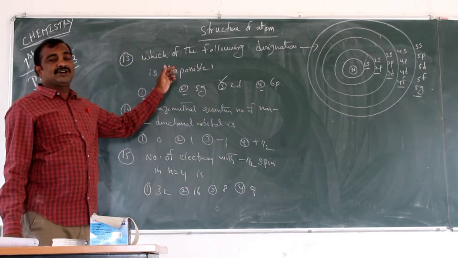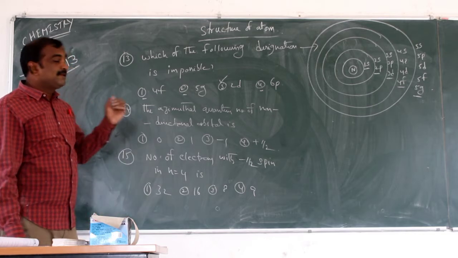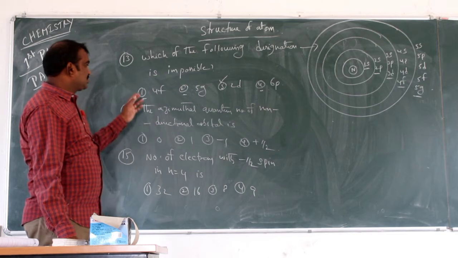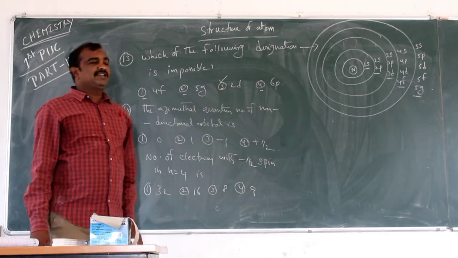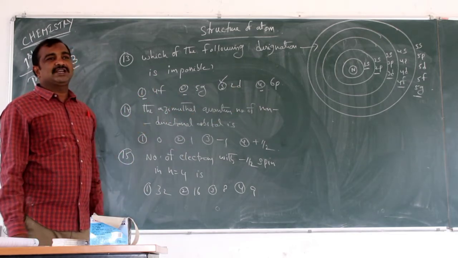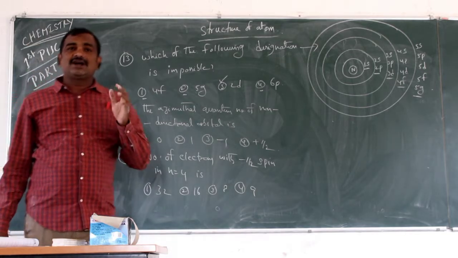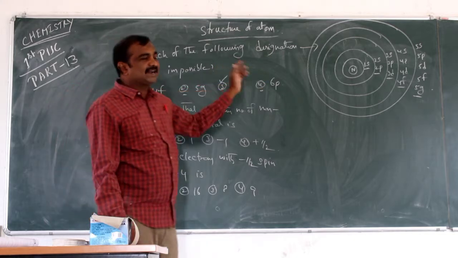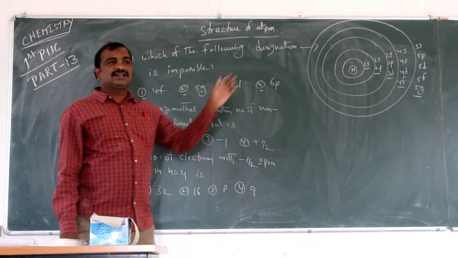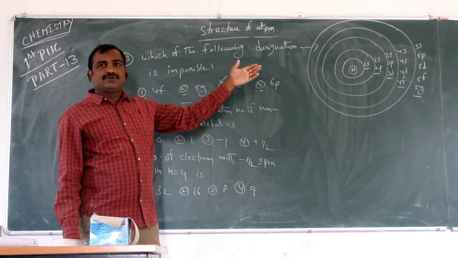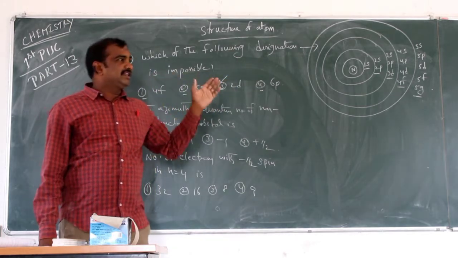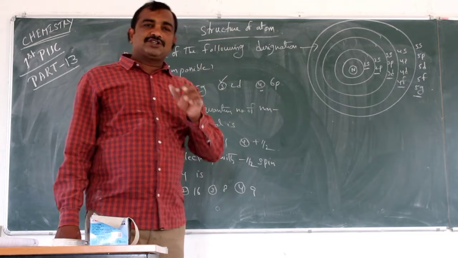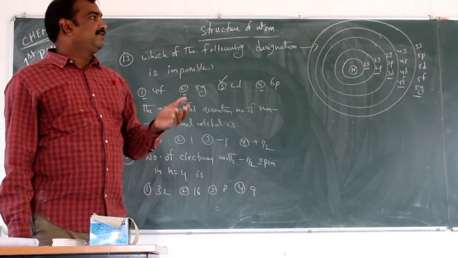He asked which of the following designations is impossible. Impossible means the third option is correct here. So 4F, 5G, 6P are all possible except 2D. So in this way, first we have to go through the concept. Simply, we can draw the atom with the nucleus at the center, surrounded by the first orbit, second orbit, third orbit, fourth orbit, fifth orbit.